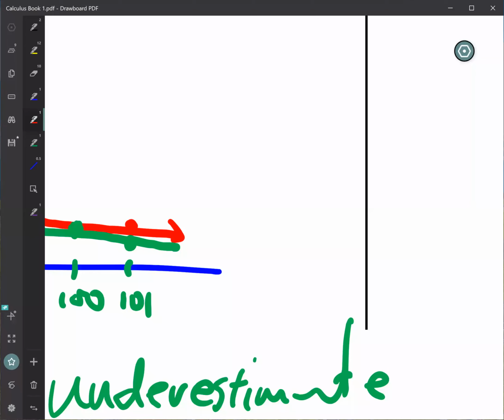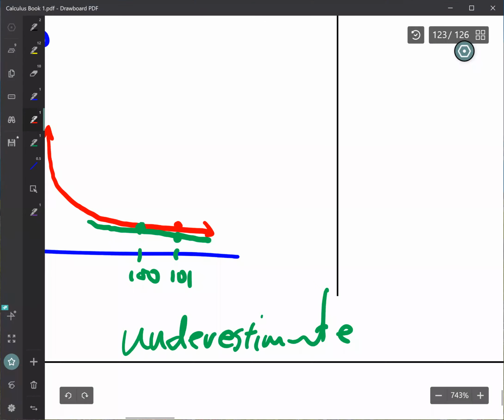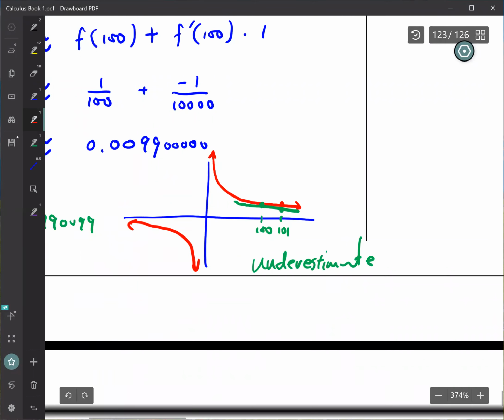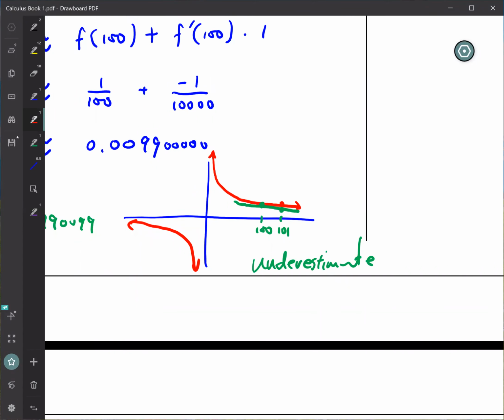So at that place, we made the function have an equation of a tangent line. So in other words, put it in short, when we say we want to linearize the function, it's just finding the tangent line at a point, which is something you've been doing for the past 1 month, right?